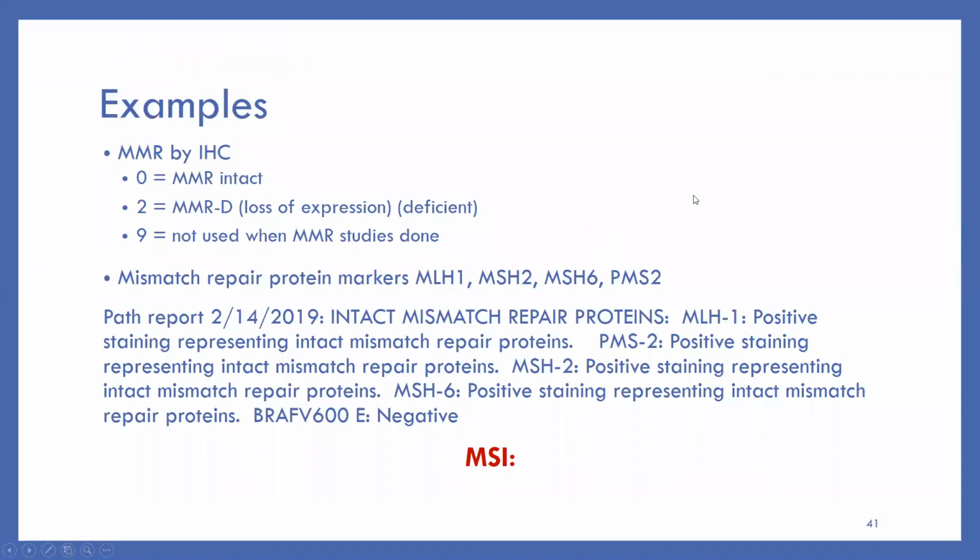So here's an example. Remember that the MMR is done by immunohistochemistry, or IHC. If the MMR is intact, it will be a 0. If the MMR is deficient, meaning a loss of expression, you would code it to a 2. Or if the MMR studies weren't done.